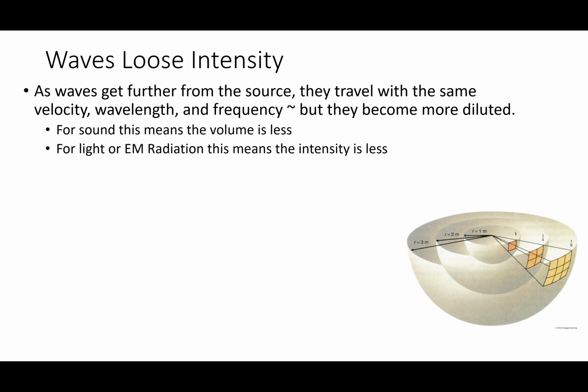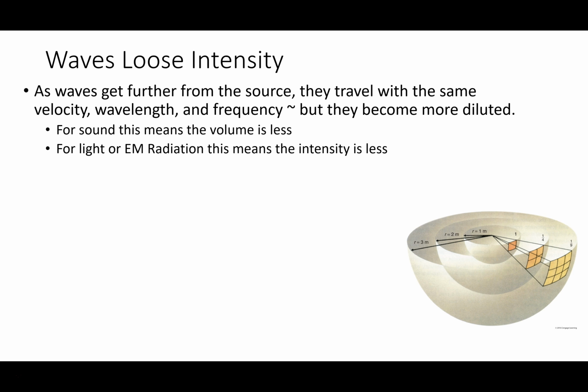But they both do these last two things. And one, this is kind of intuitive: the dilution of the energy in the wave that's being transmitted. Think of the source in the middle of these three spheres. As you go farther from the source, it becomes diluted.